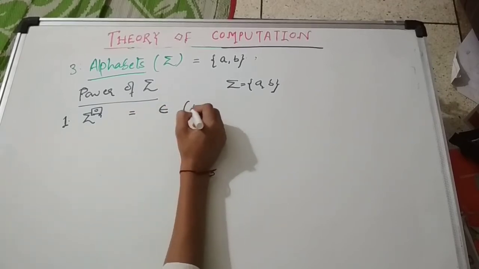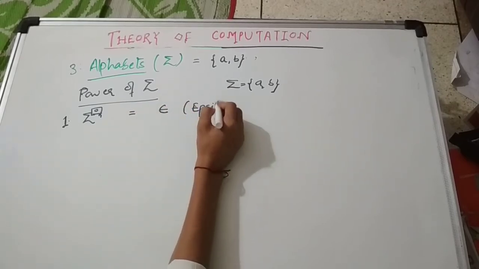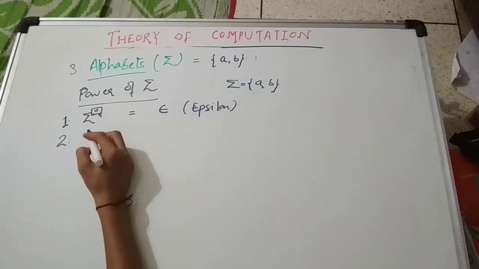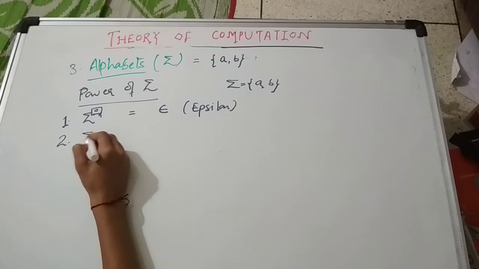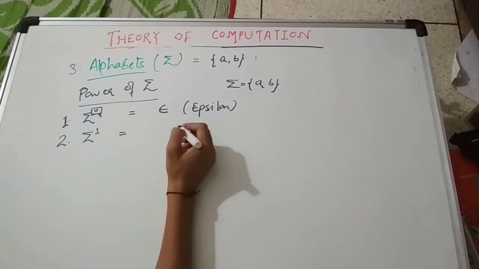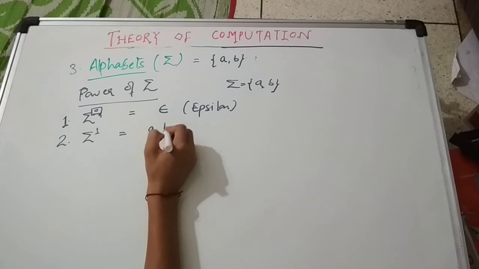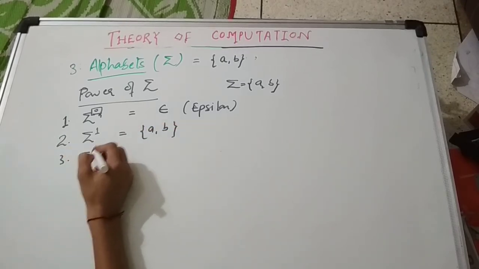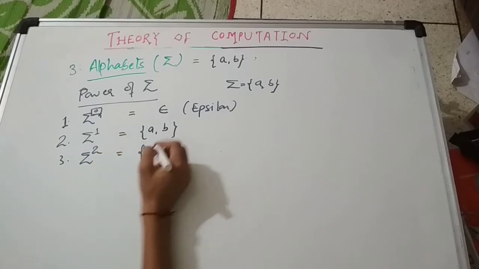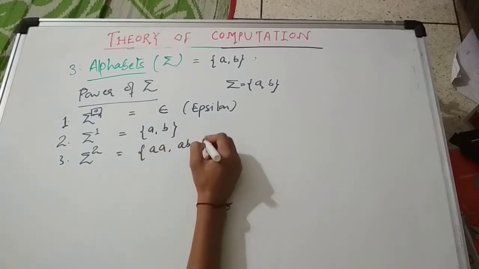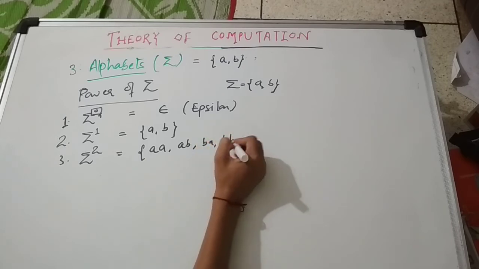It is called epsilon. Please remember these terminologies, as they will be used very frequently. Similarly, sigma power 1 represents the set of all strings of length 1, which can be a comma b. Sigma power 2 represents the set of all strings of length 2: a a, a b, b a, and b b.